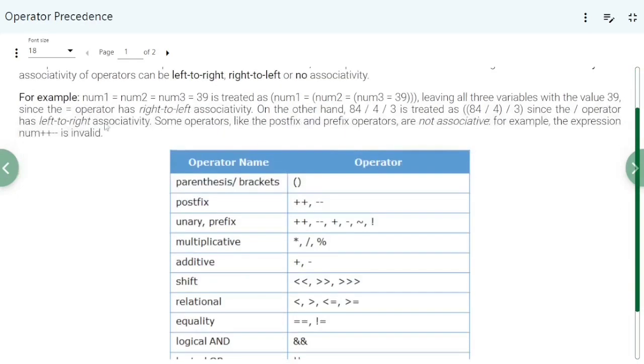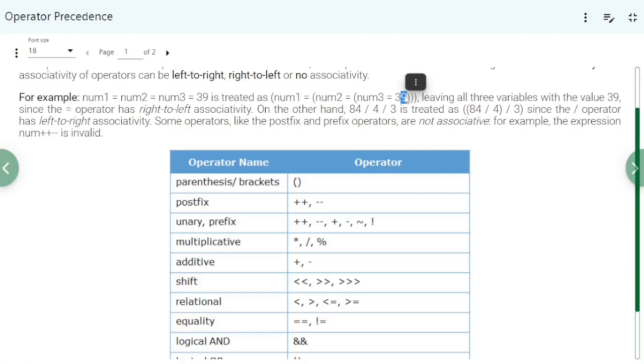Let's have an example. For example, num1 equals num2 equals num3, which in turn equals 39. Internally, when the compiler sees this line of code, it will interpret it by putting parentheses, starting with num3 equals 39.